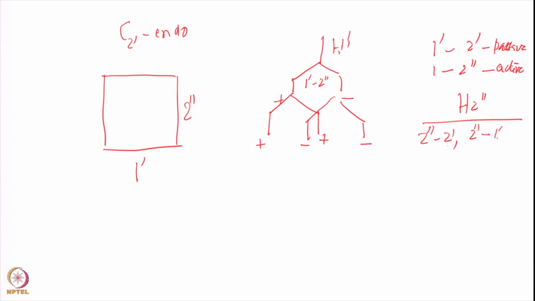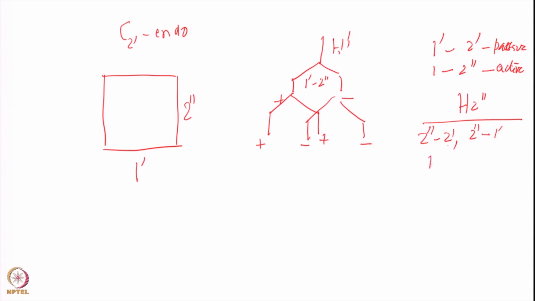But 2 double prime 3 prime is very small, almost close to 0, so therefore we will not see that, right. So 2 double prime has a 2 double prime 1 prime coupling, a 2 double prime 3 prime coupling which is small for the C2 prime endo geometry, and the 2 prime 2 double prime coupling, which is a large one.